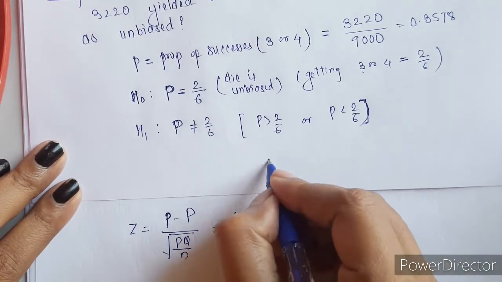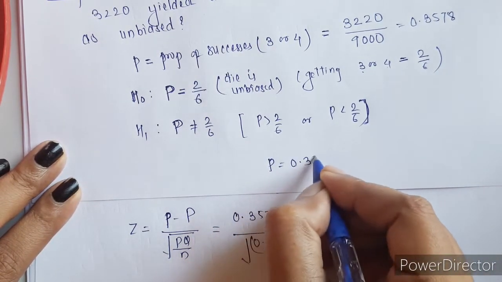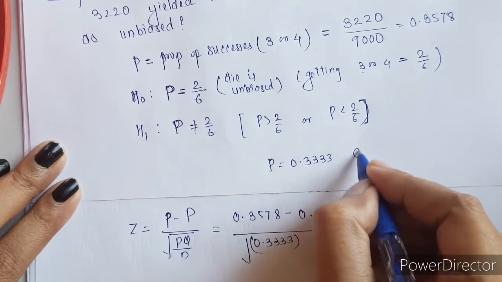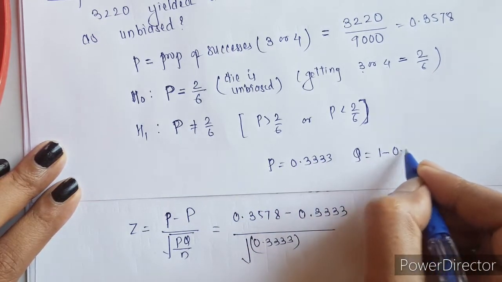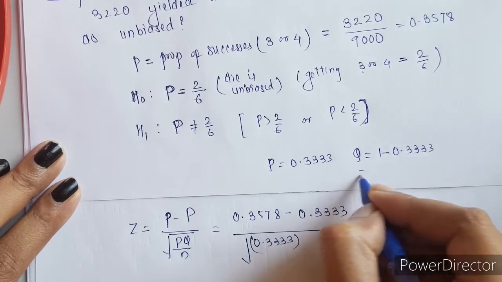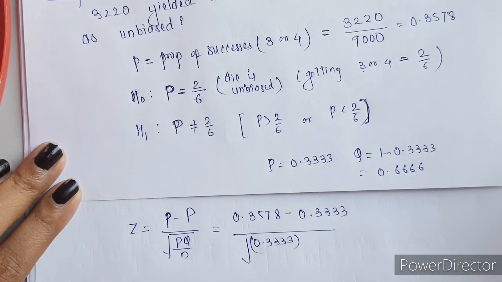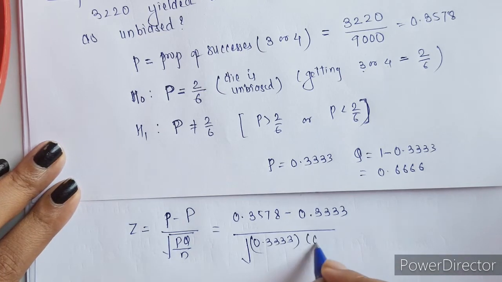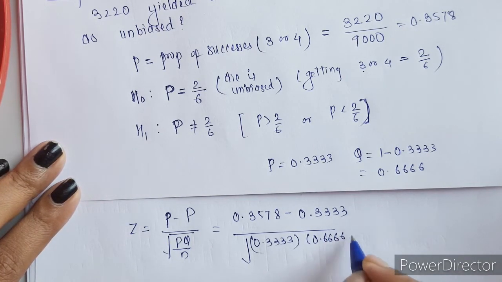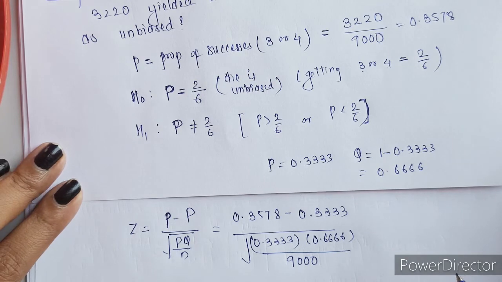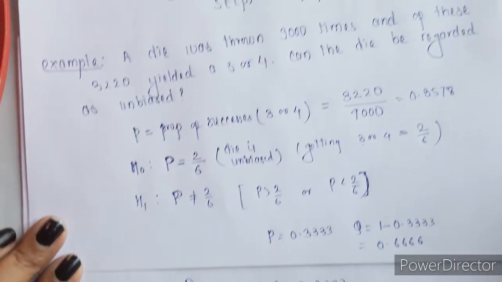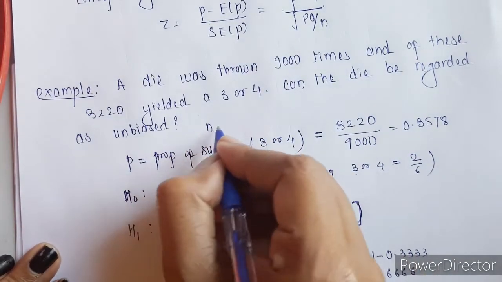Since P in this case is 0.3333, Q will be 1 minus 0.3333, which is nothing but 0.6666. So this will be 0.6666 divided by n, and n in this case is 9000, because we are taking sample of 9000.